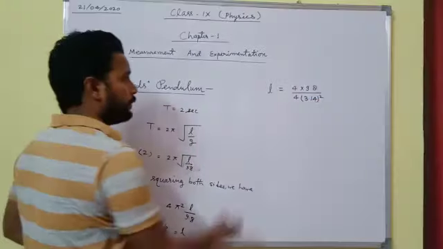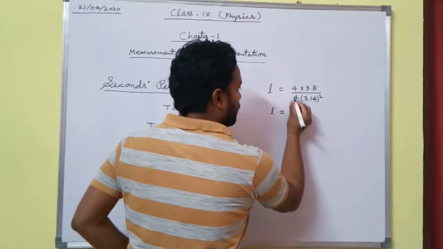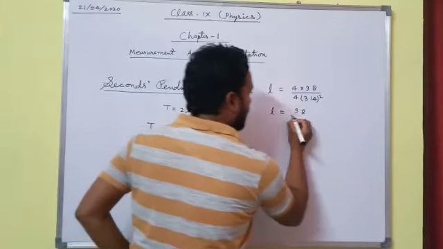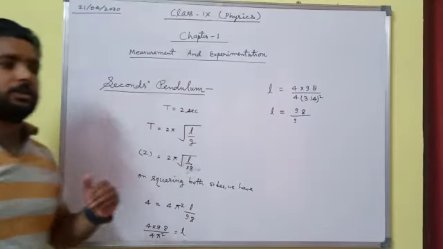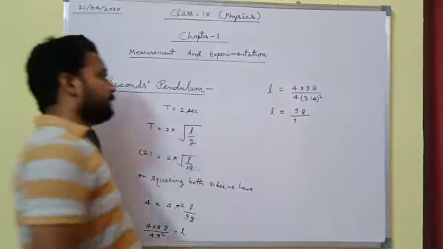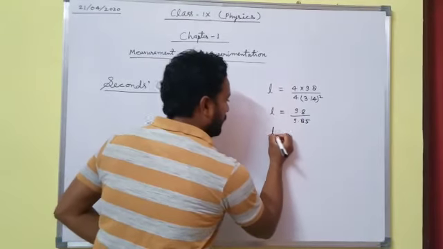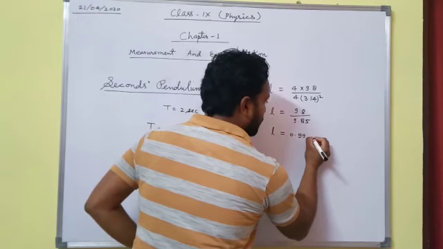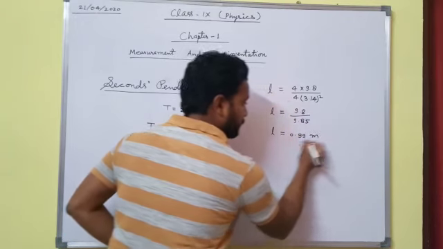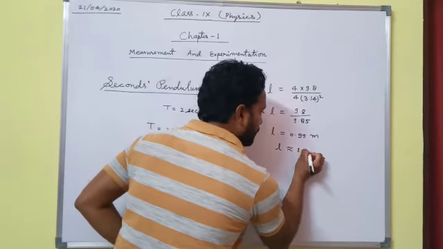Square. Now 4 is cancelled by 4. Now we have 9.8 upon the square of 3.14. The square of 3 is 9, and near about 9.85. So we have the value 0.99 meter, which is nearly equal to 1 meter.